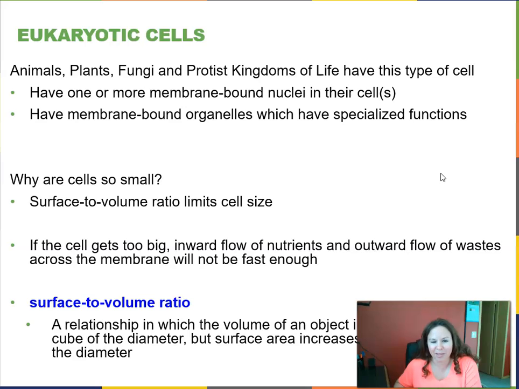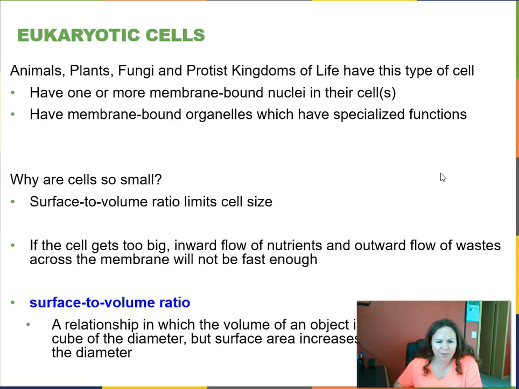And this means we have at least one membrane-bound nucleus or nuclei in our cells. Some cells, like our muscle cells, have more than one nucleus. We also have complex membrane-bound organelles that have specialized structures, like the mitochondria, which makes energy.